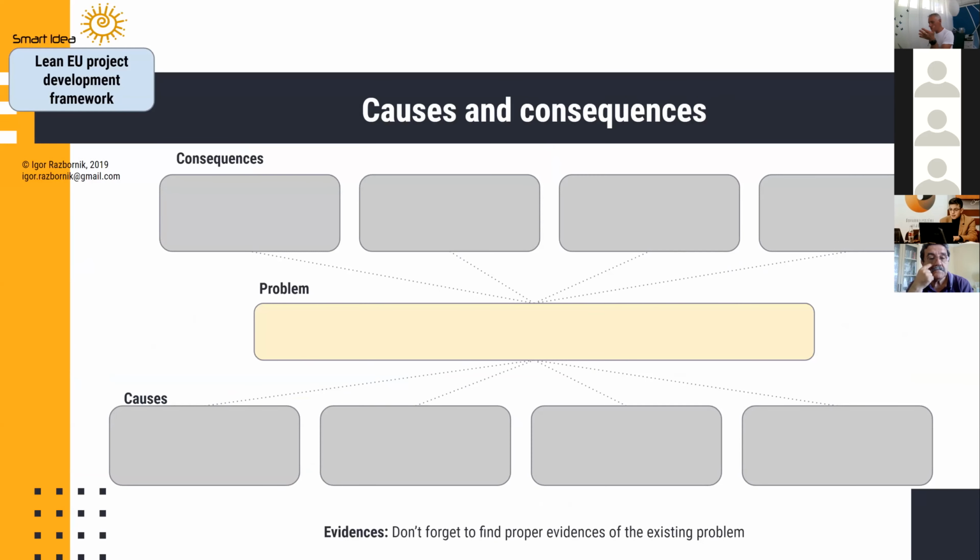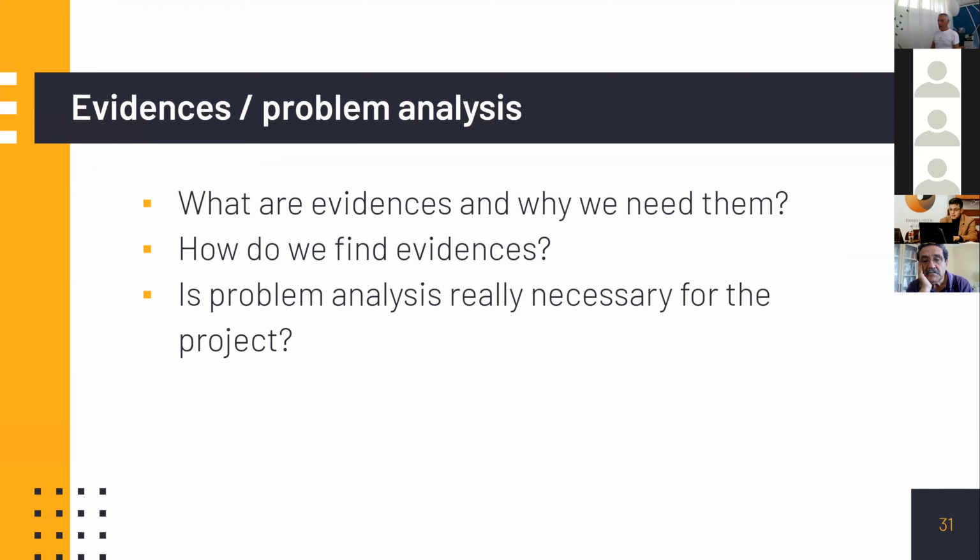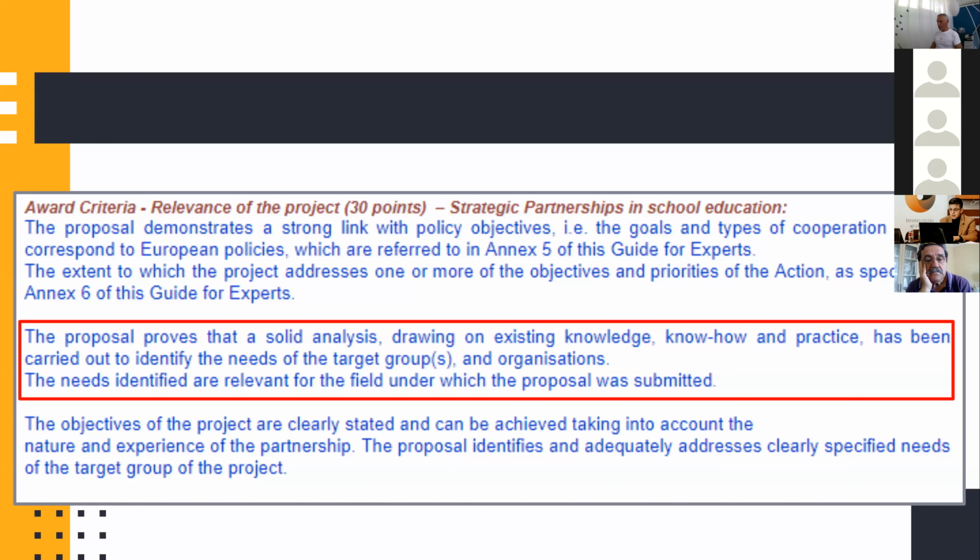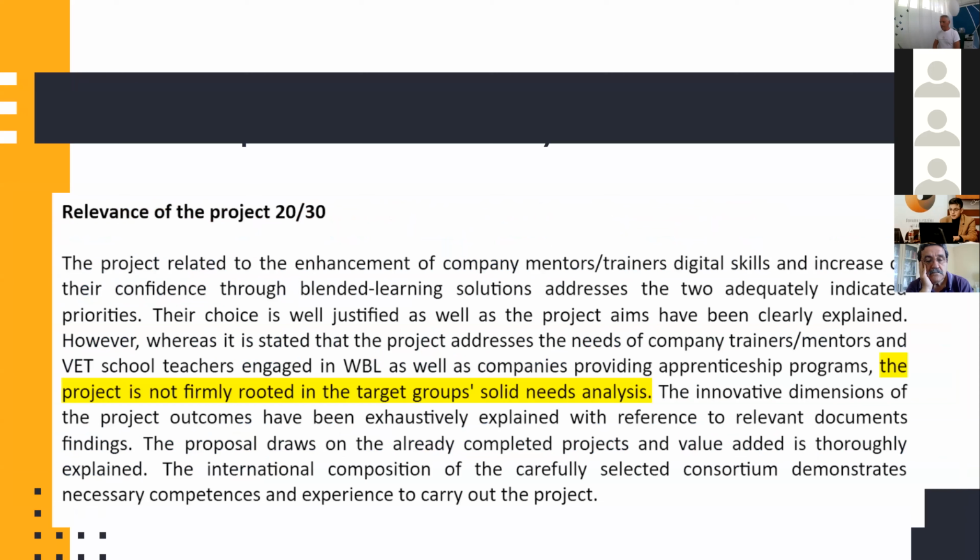I didn't do what the problem is, what the causes are, and what the consequences are. Because of that, I got negative feedback from the evaluators, and that means I spent at that time two months of work, and still I didn't get a very good needs analysis. Because of that, I didn't get the project.